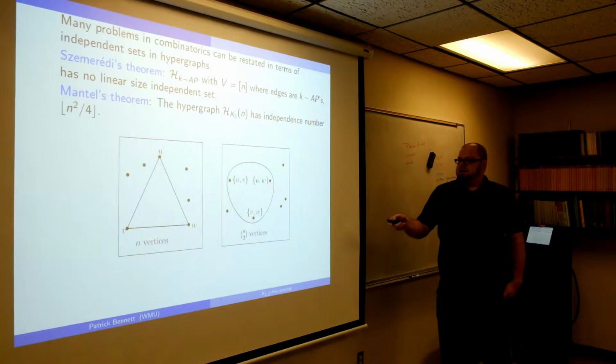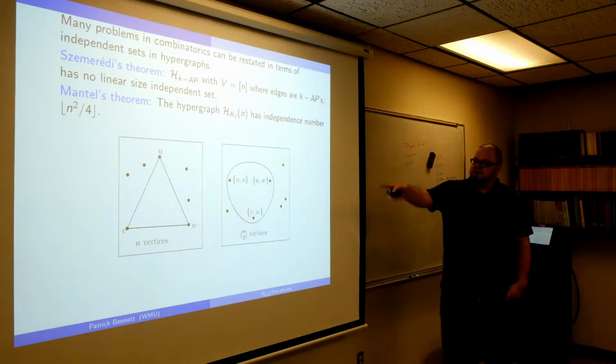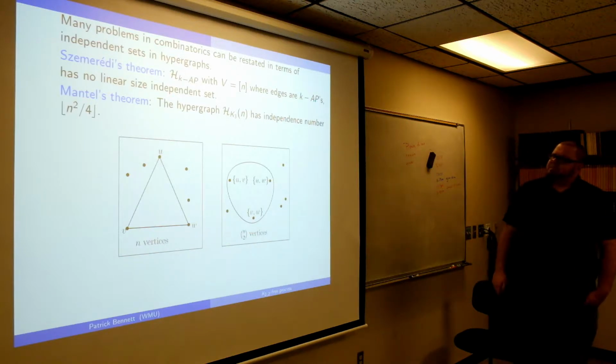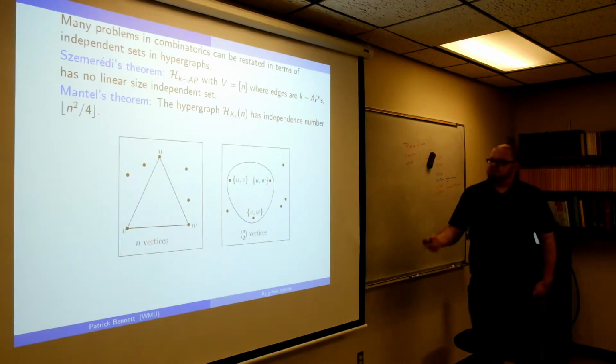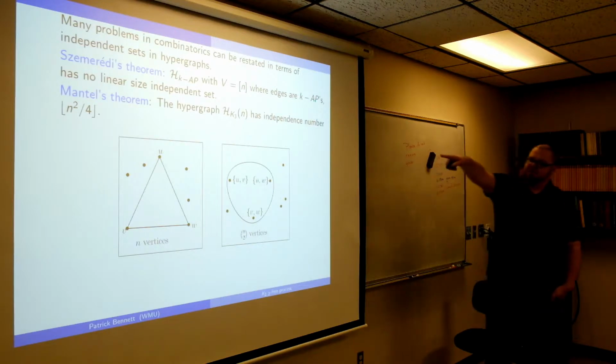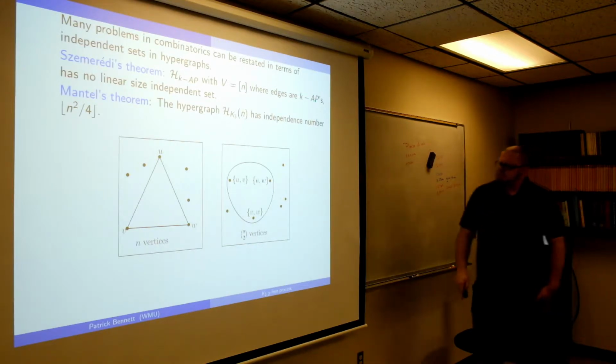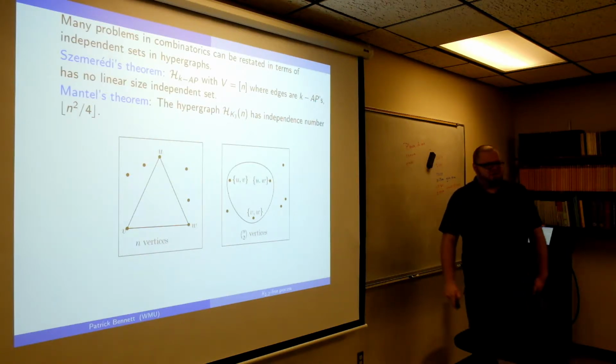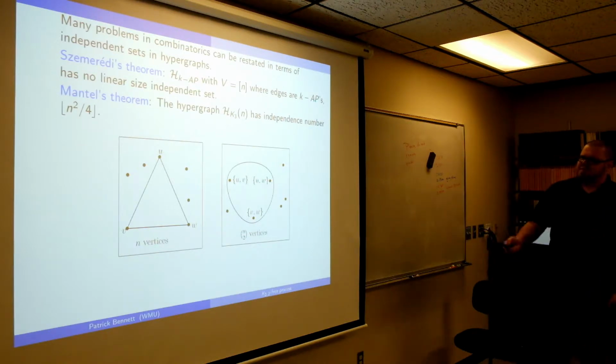And 3 vertices in the hypergraph form an edge if the corresponding 3 edges in the graph form a triangle. So Mantel's theorem basically says that this hypergraph has small independence number. And there are advantages to thinking of it this way, but also disadvantages, because it's easy to visualize triangles, but it's a bit harder to visualize this hypergraph. But it can be helpful to think of it this way.